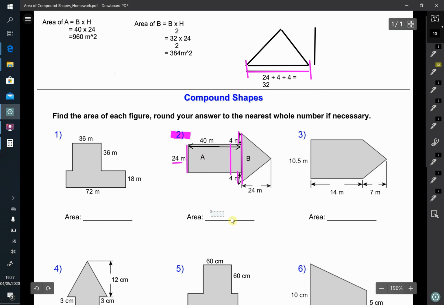And that's your answer over here, 1344 meters squared.